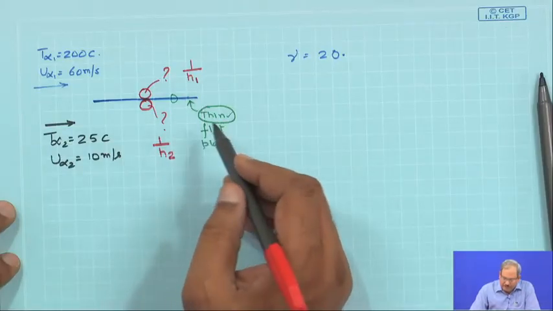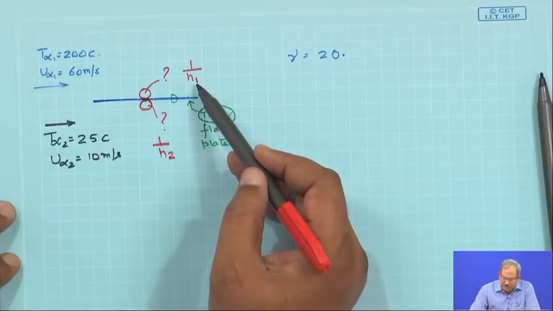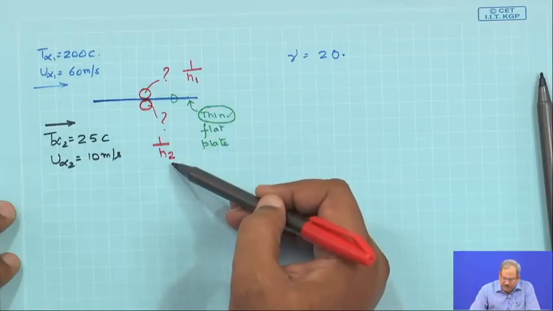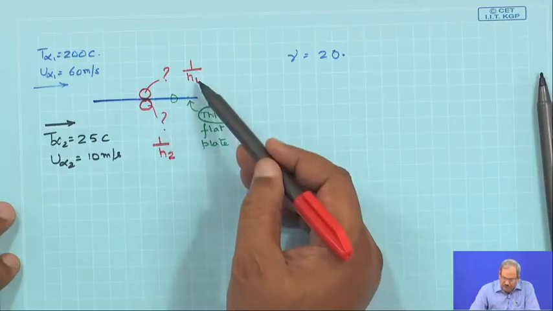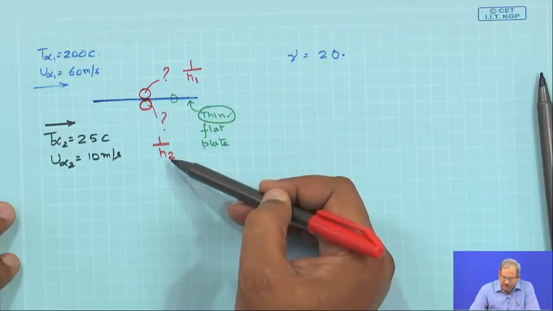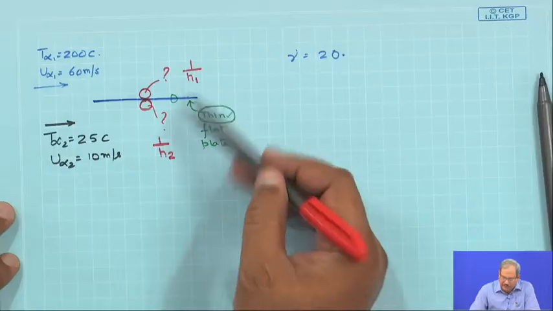So, the entire problem boils down to finding the values of h1 and h2 from the available correlations for heat transfer that we have studied so far.